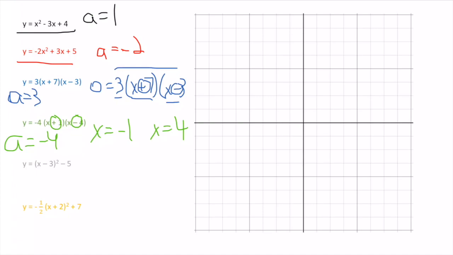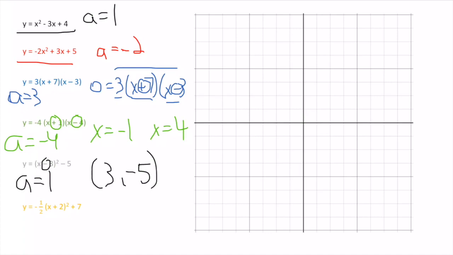So this example, a again is equal to 1. This is vertex form, so this gives me the coordinates of the vertex. Just like in factored form we had to switch the value of the roots, we have to switch the x value of the vertex.